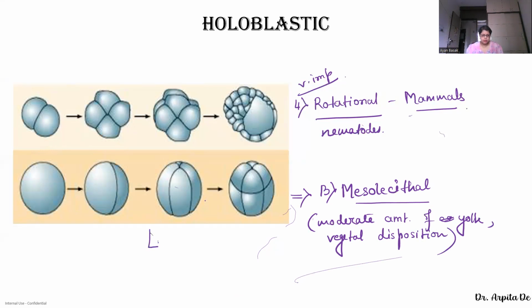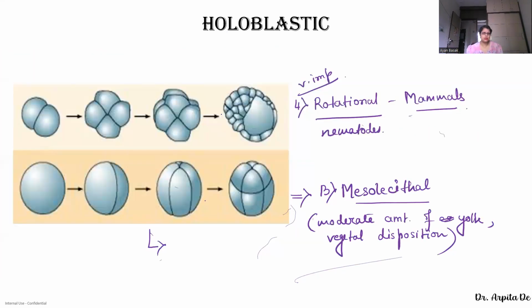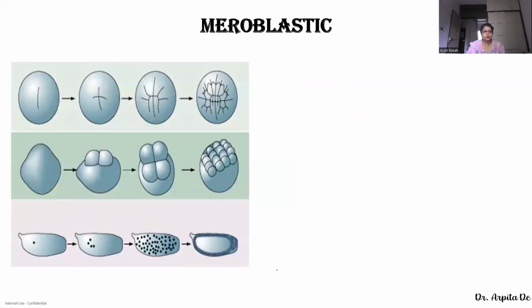And what happens here? This is also a type of radial cleavage only. This one is a little similar to this one. This is also radial. Radial and mesolecithal eggs, and it is found in amphibians. Important. Amphibians, very, very important.